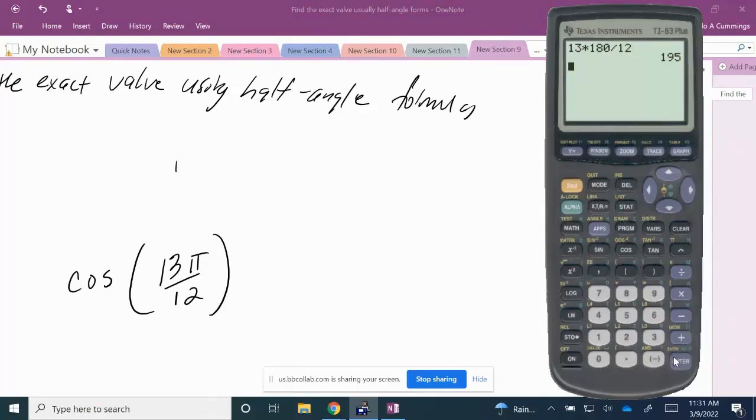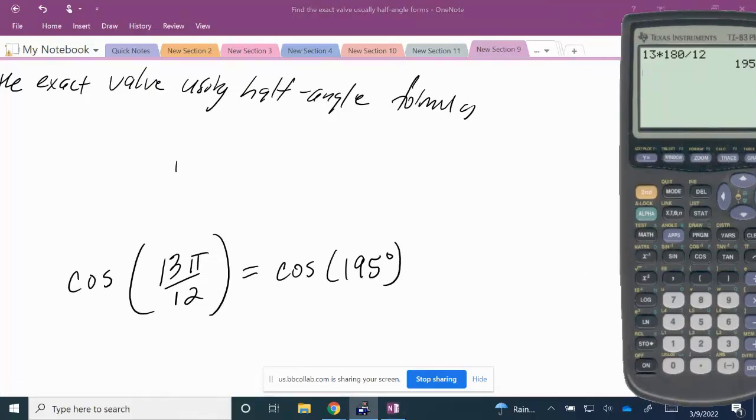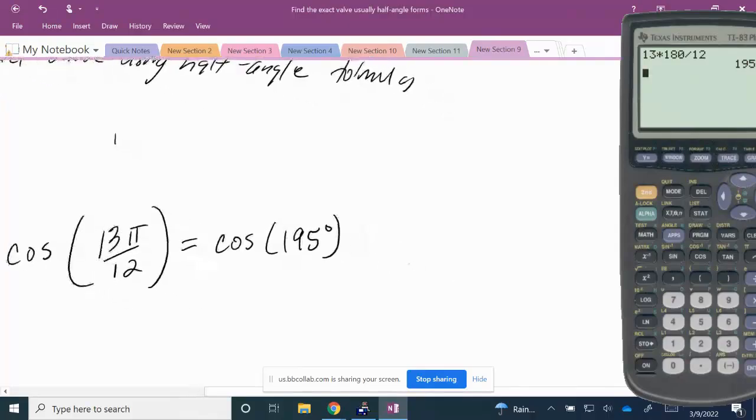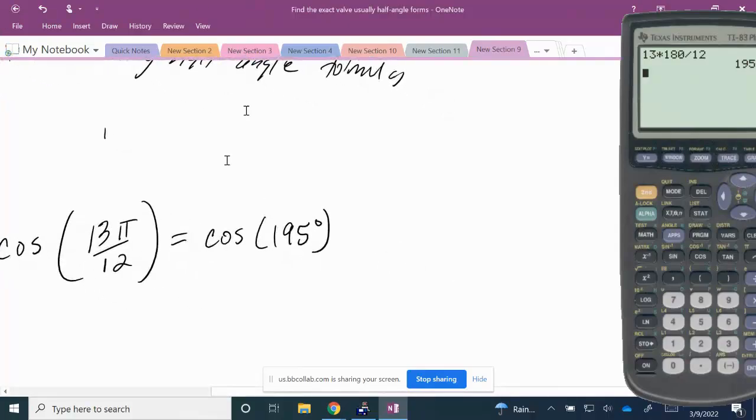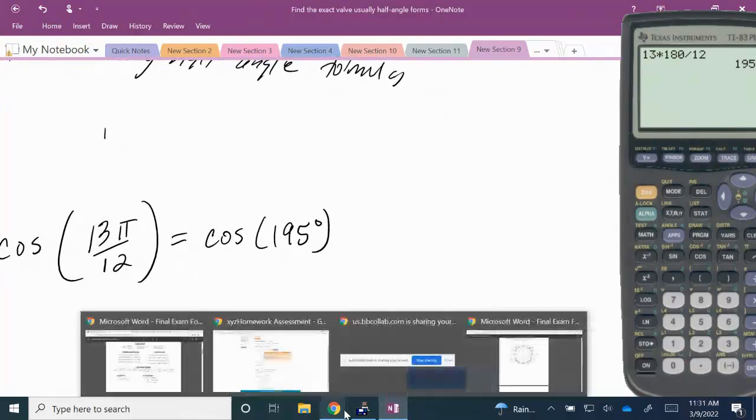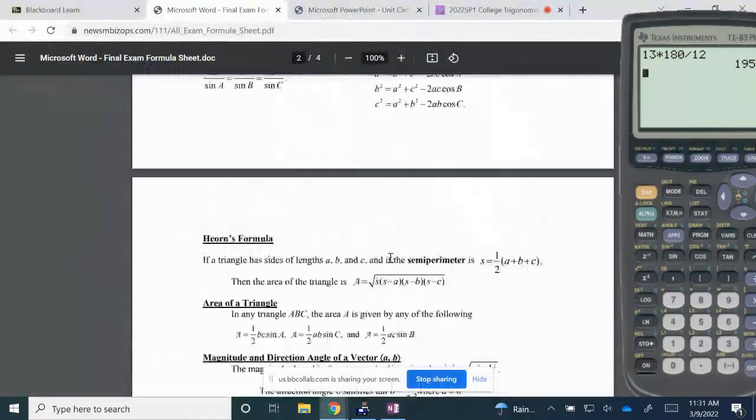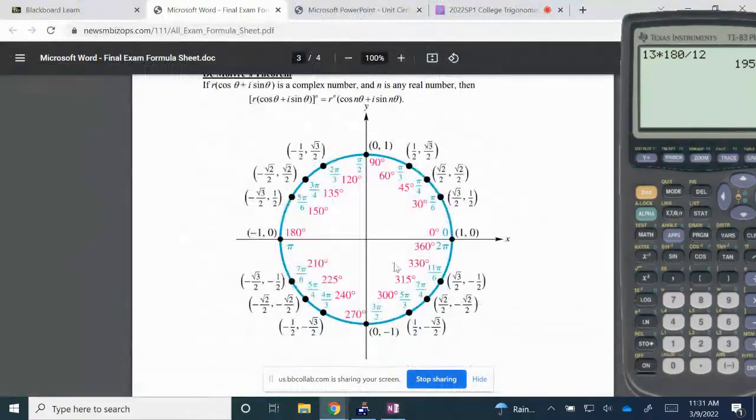And that gives me 195 degrees. And I'm asked to use a half angle formula. Now, if I look in the unit circle, I see that there is not a 195 degree angle.